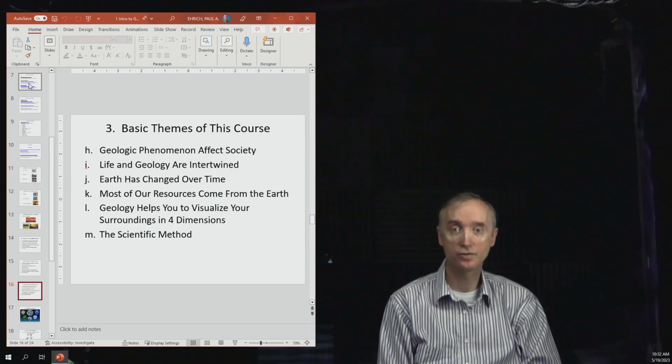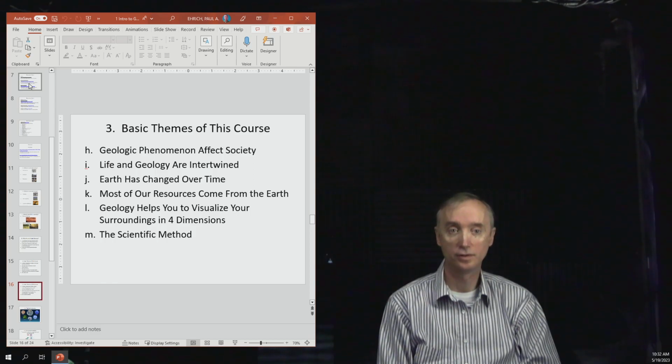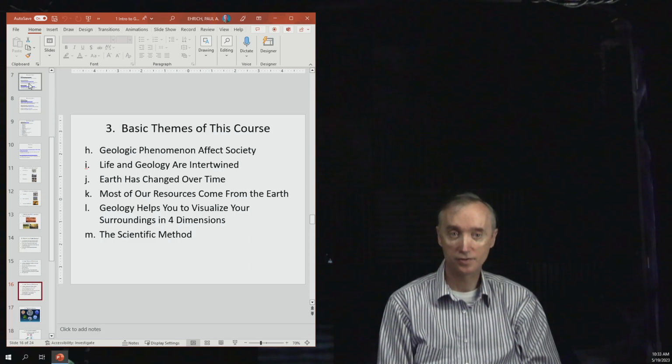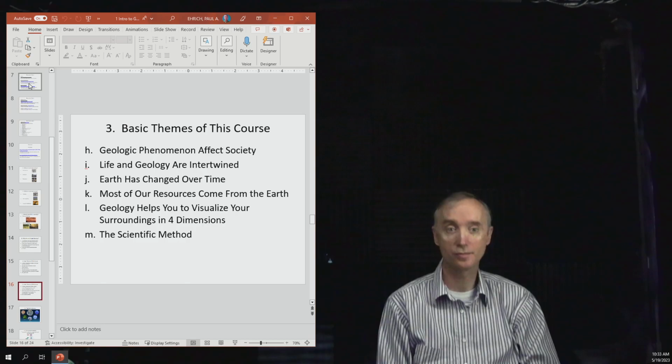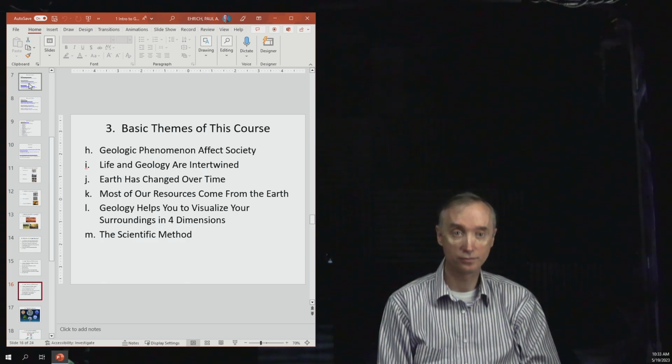So we're going to look at, for example, oil, coal, iron that we use to make steel, all of the different minerals that we use today. So the silicon that is in your computer chips comes from sand, for example, and that is quartz. So all of this comes from the Earth.